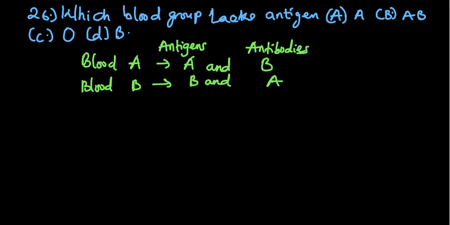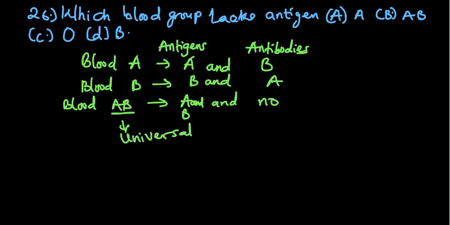It's quite simple. What of blood group AB? It has antigen of A and B, and no antibody. So that's why we normally say AB is the universal acceptor.